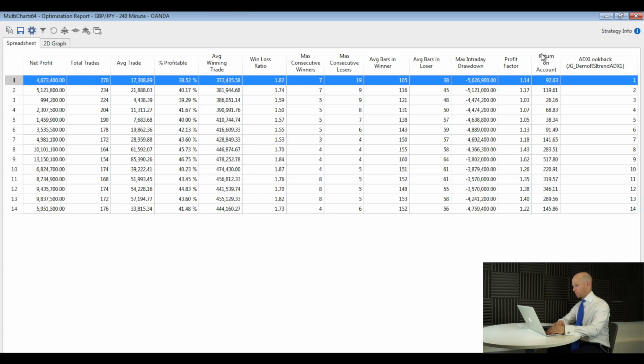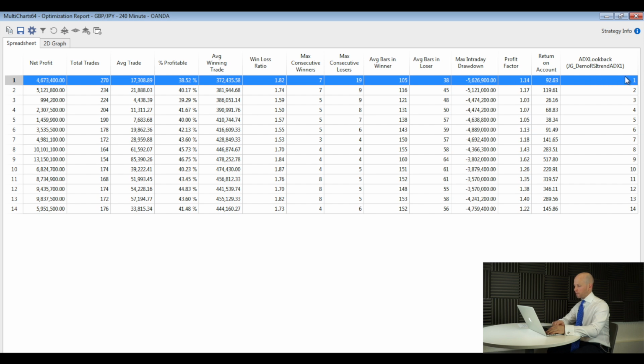And these are the results from that optimization. I've called it the ADX Look Back. So the results we saw on the current report was using ADX compared to ADX 1 bar ago, and we've got that 4.6 million profit which we saw, and that 17,000 average trade.